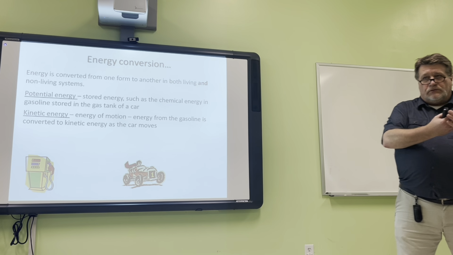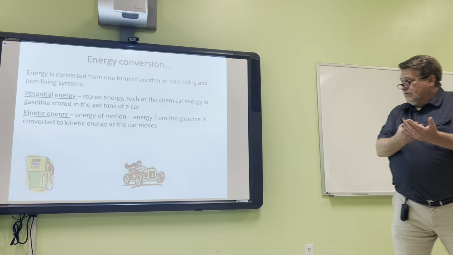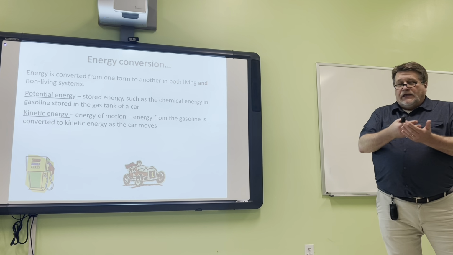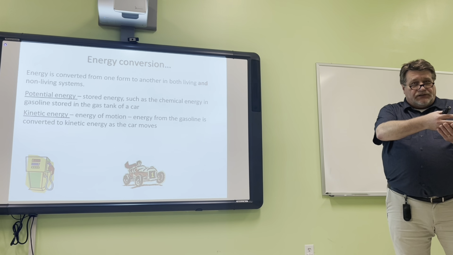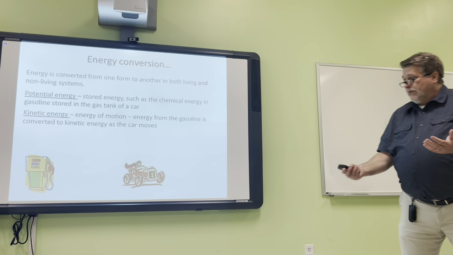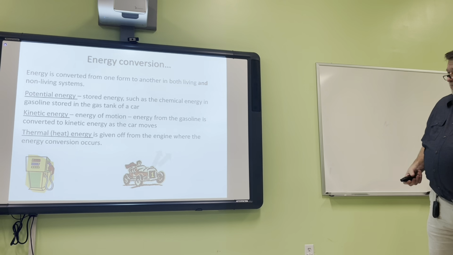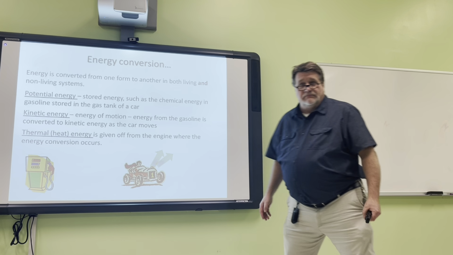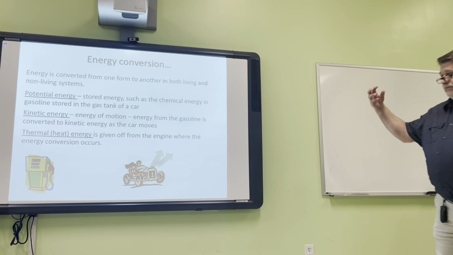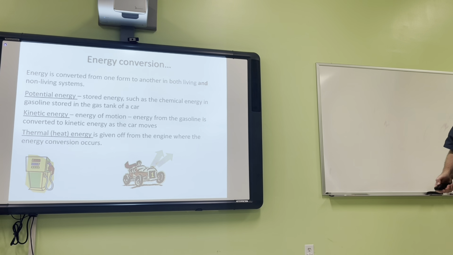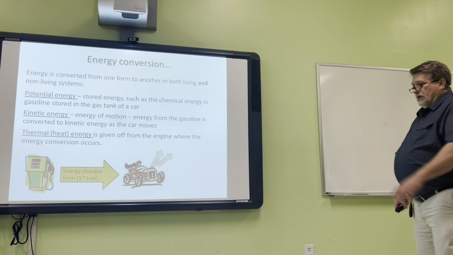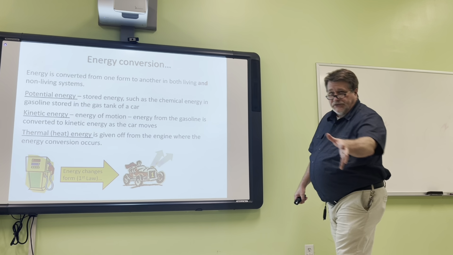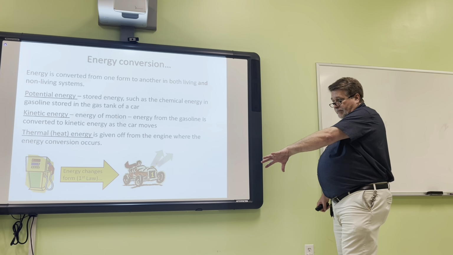And so we use that gasoline as a source of energy, and we convert that potential energy in the gas to the kinetic energy of movement in our cars. And in the process, the engine gets hot, and it gives off heat because there's an energy conversion going on. So we're changing potential energy of the gas to kinetic energy of motion in a car.